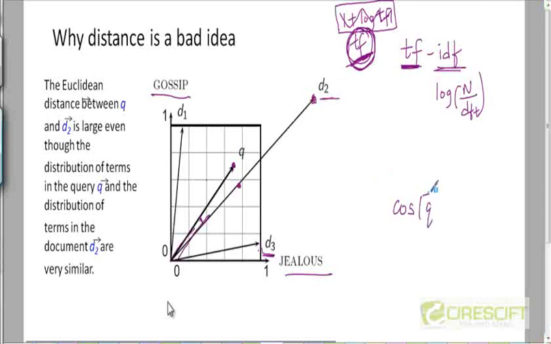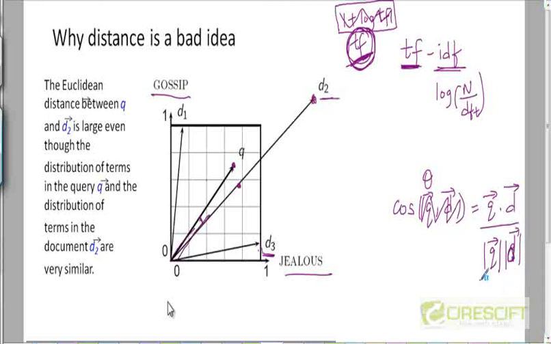The cosine of the angle theta between the query vector and the document vector is the dot product between the query and the document divided by the magnitude of the query vector and the magnitude of the document vector.